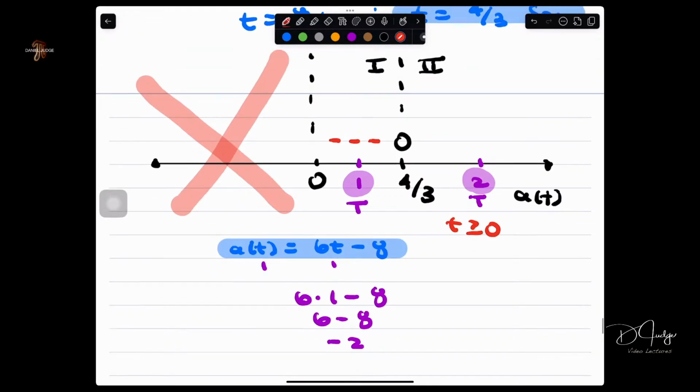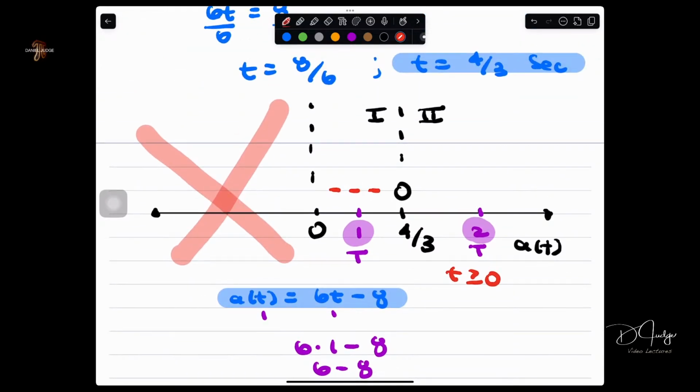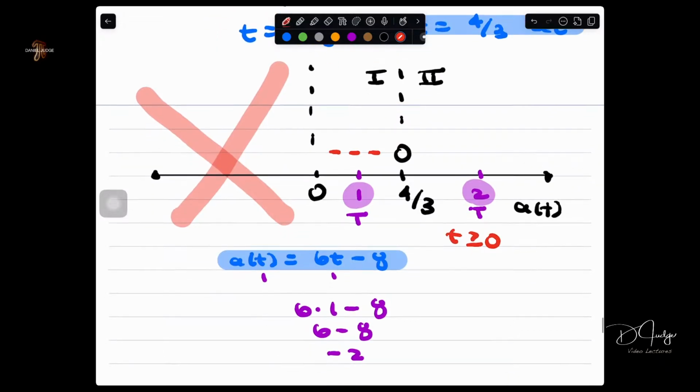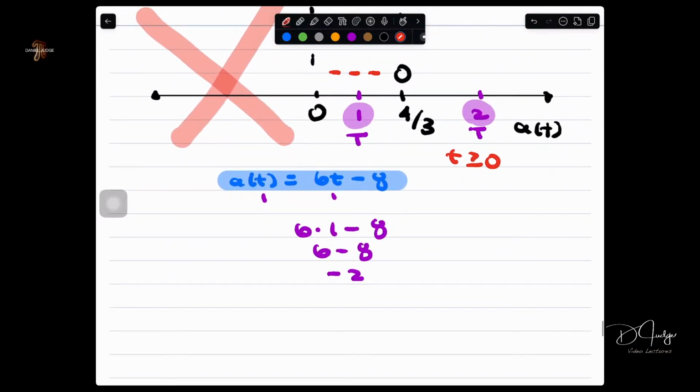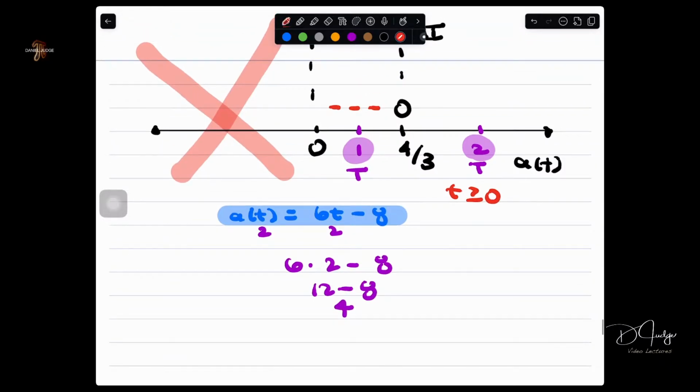So in region 1 there, acceleration is actually negative. So the particle is being pulled to the left for those values between 0 and 4/3. Okay, let's test the value of 2 in sign analysis. So here again, here's where 2 is. You get 6 times 2 minus 8, which is 12 minus 8. The answer is 4 now.